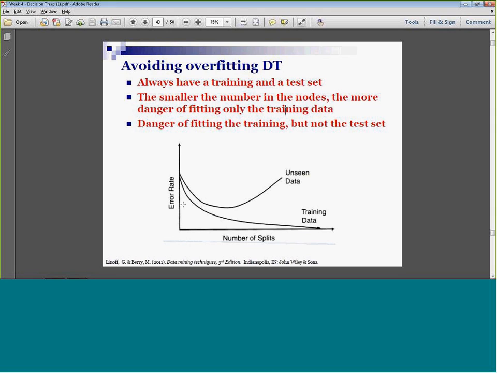If you keep splitting, it's going to keep fitting the training data better and better. The more splits you do, eventually you're going to get homogeneity, or down to where there's absolutely no two people who have the exact same lot size, exact same income. One has a mower and one doesn't. Well, you can't split that because you only had those two variables. But basically, you can almost always split down to where you get pure homogeneity.